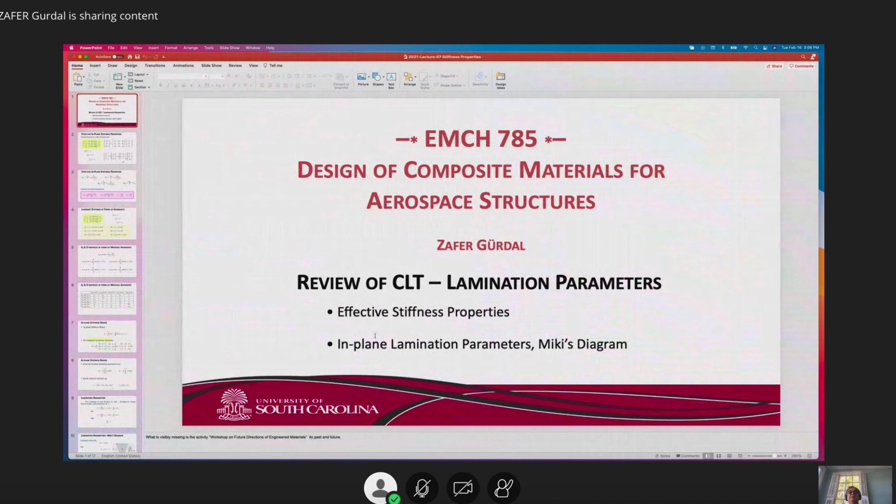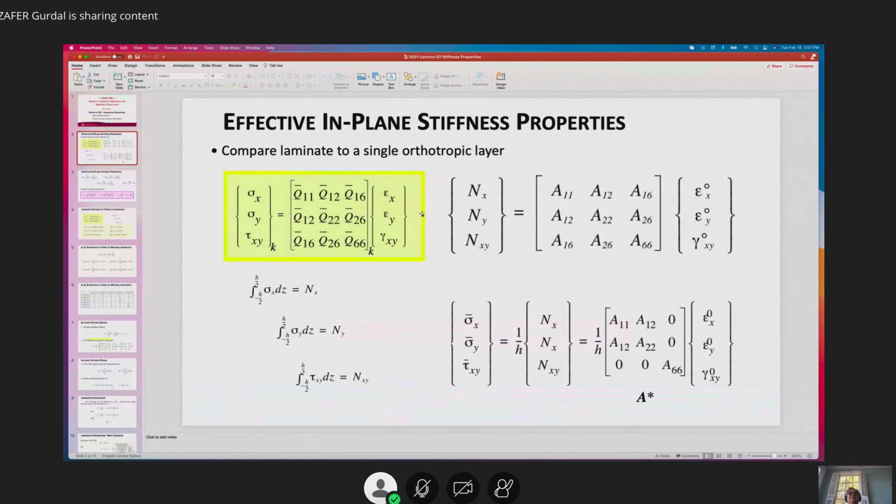What we left out was the in-plane lamination parameters, or what is commonly referred to as Miki's diagram, using the name of Mitsunori Miki from Japan, who came up with this diagram some years ago. But let's go over the lecture that we did.